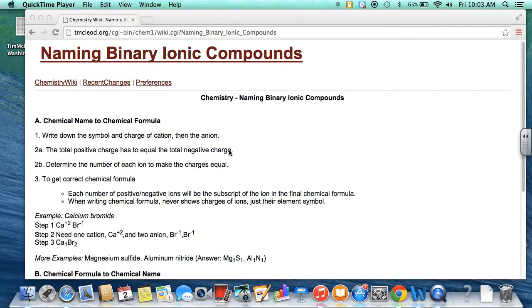By now you should have opened up your naming binary ionic compound handout. So if you look at the example, I'm simply going to go through the example.